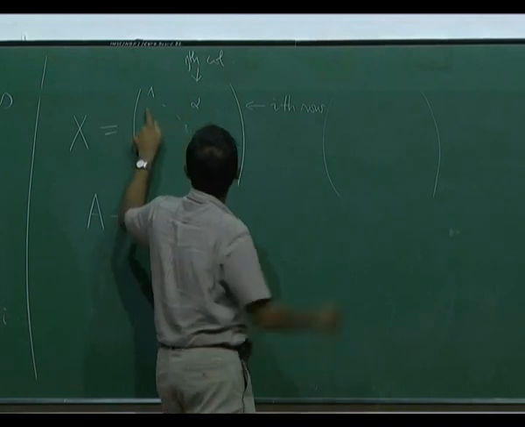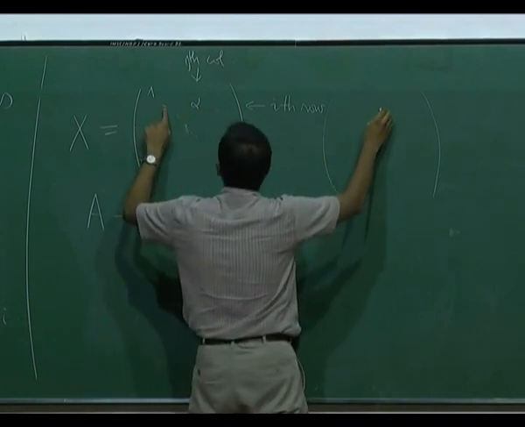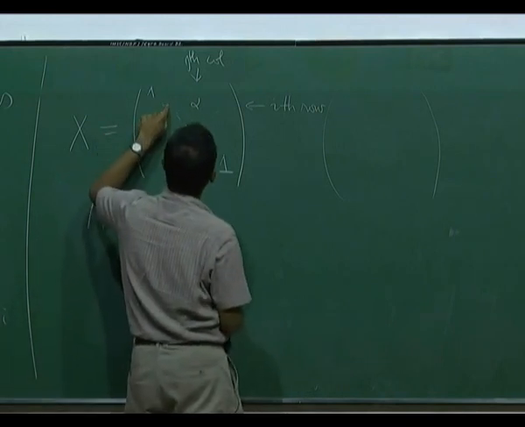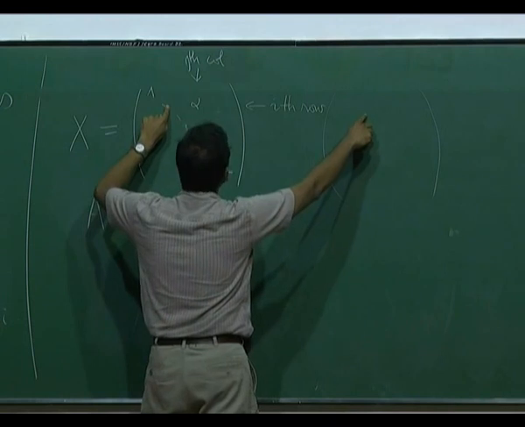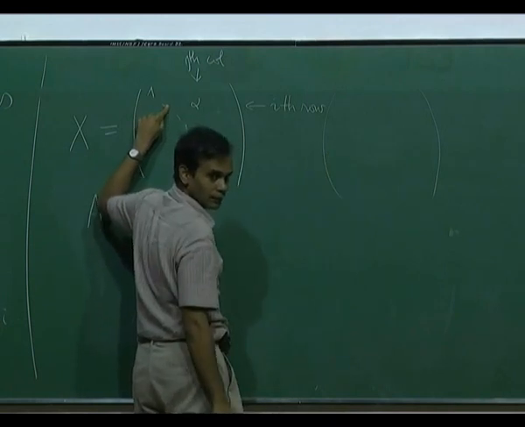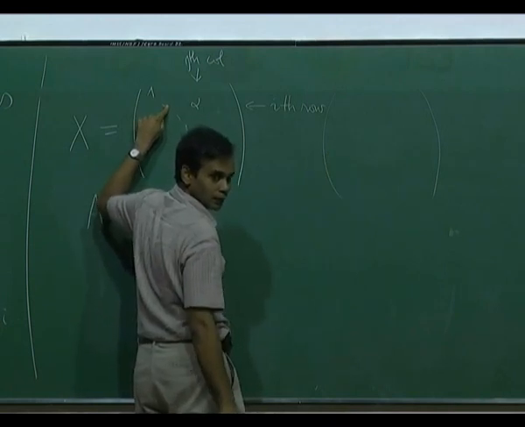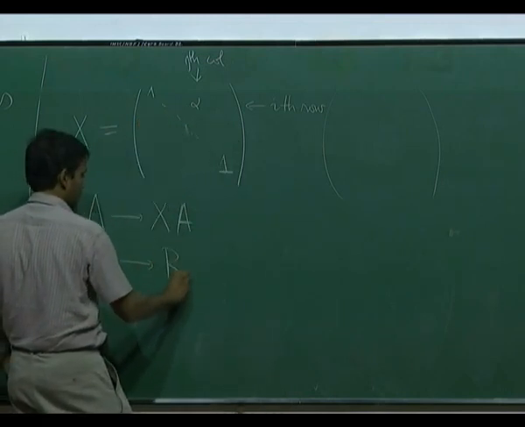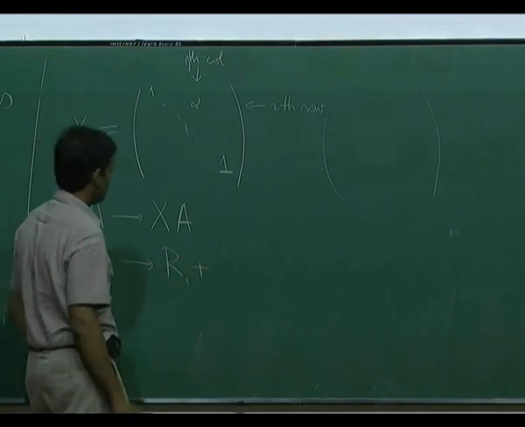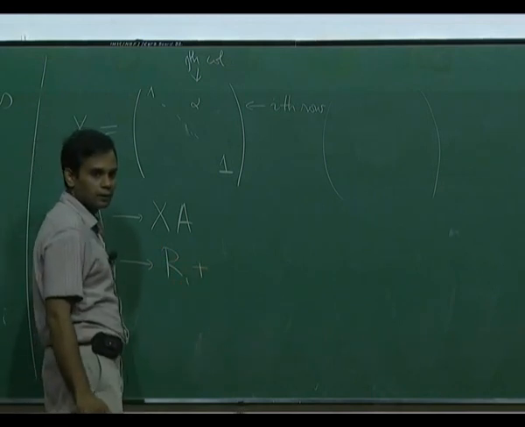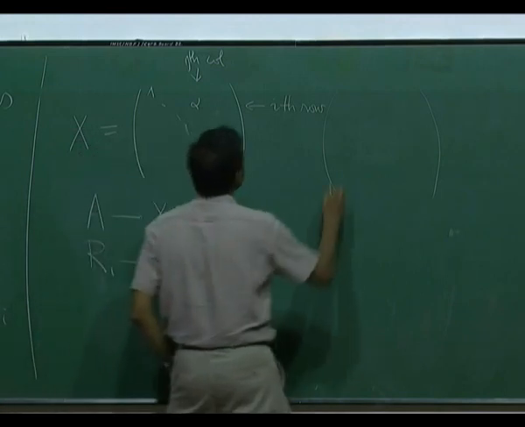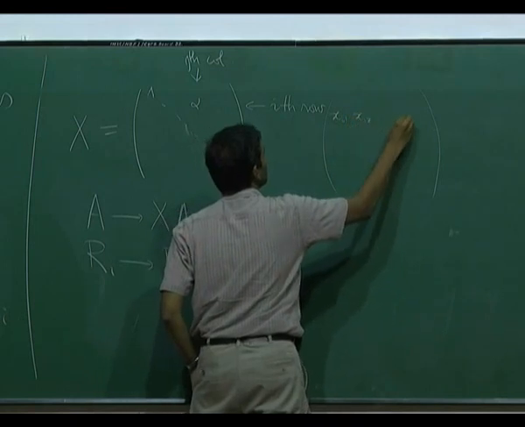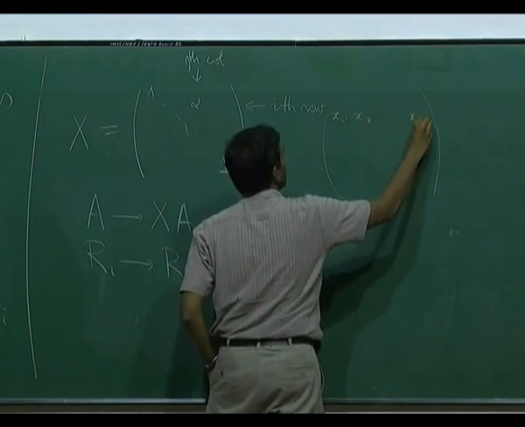But the ith row will change, and how will it change? Can you tell me? So let's just see the ith row. So here I have xi1, xi2, xin.